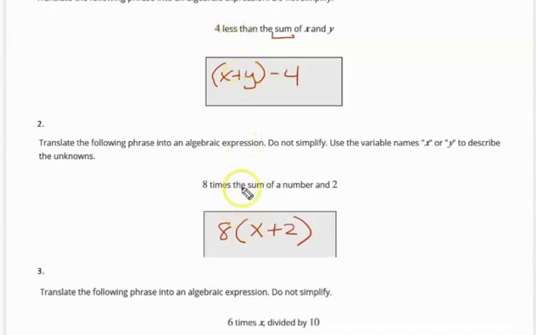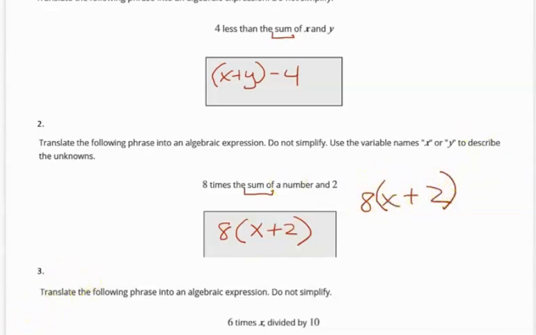And then here, 8 times, again, the word sum implies putting these two together. It would be incorrect if you had 8x + 2, because the 8 then would only apply to the x. But by putting it in parentheses, you get the sum of this.